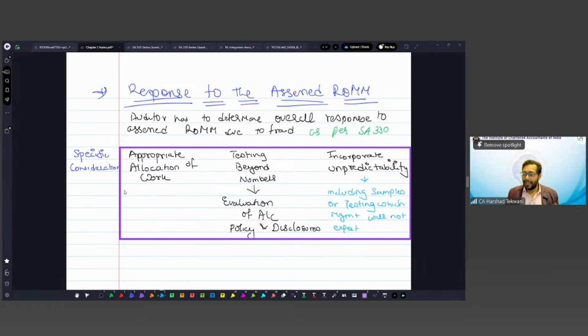Management will not expect that you will include that in your testing, because these are small value samples, because these are very less risk samples.